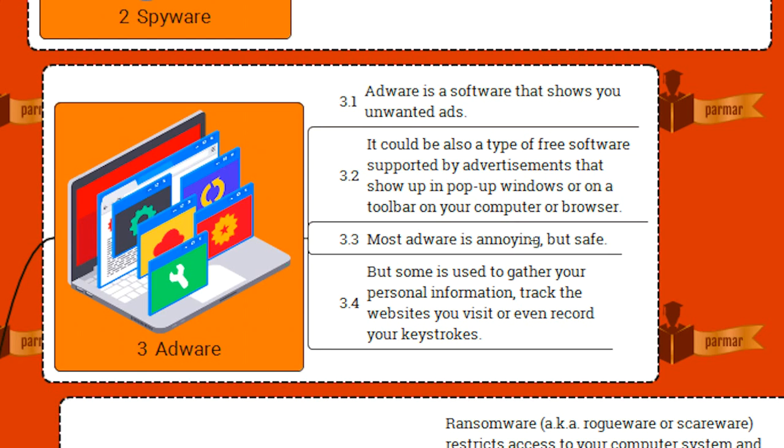The best way to remove adware is to use an adware removal tool. Remember this. Adware is software that shows unwanted ads. It could also be free software supported by advertisements that show up in pop-up windows or on a toolbar on your computer or browser.